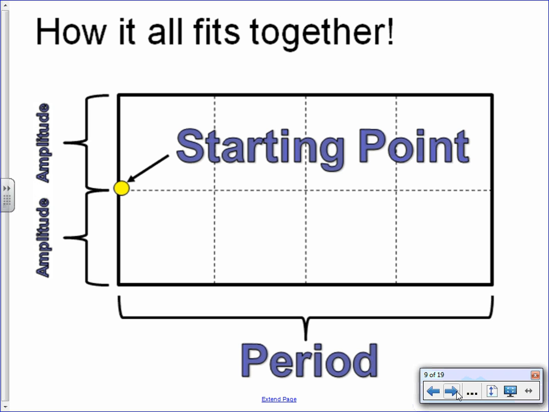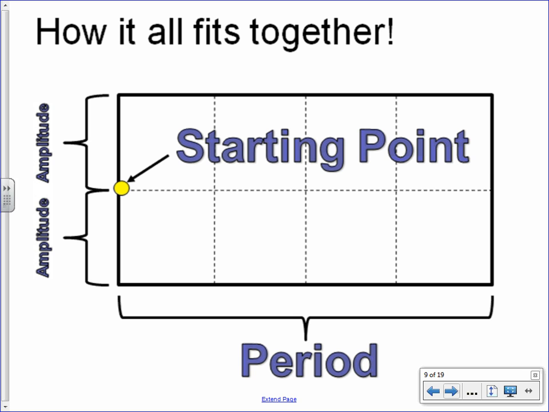Our amplitude is half of the height. So from our starting point, we're going to draw up the amplitude and down the amplitude. Our period stands for the length of one cycle, if you will.